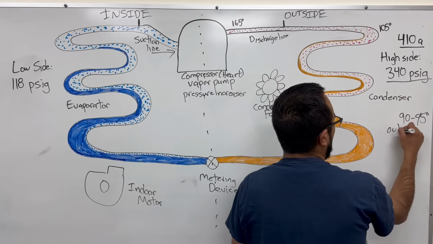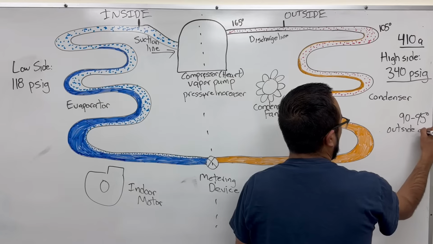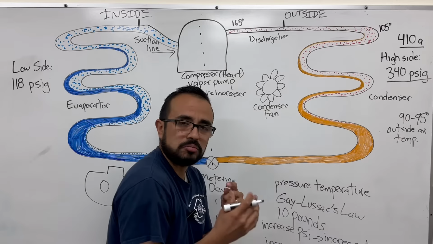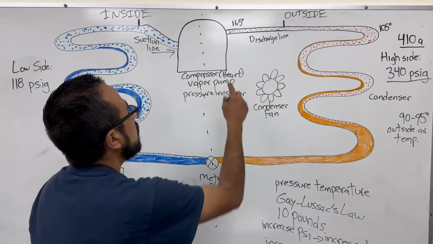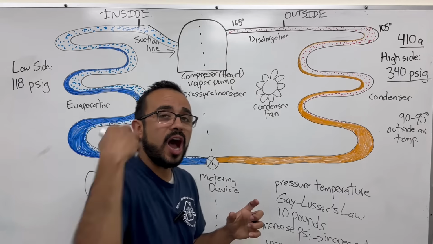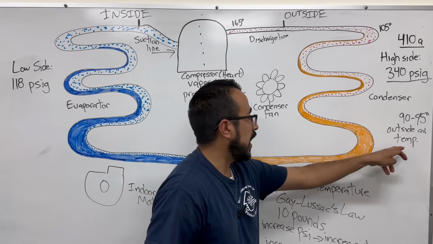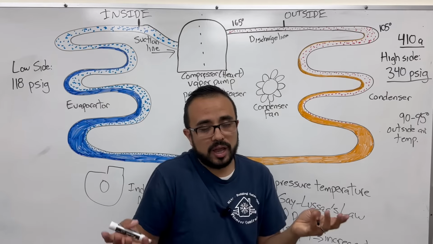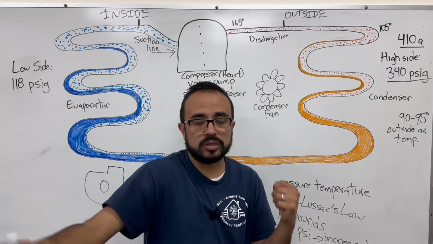This is the outside air temperature, just to give you an idea. So it's warm outside, because this 165 degrees is hotter than the outside air temperature, right? Because hot goes to less hot. I mean, to keep it simple, hot goes to cold.